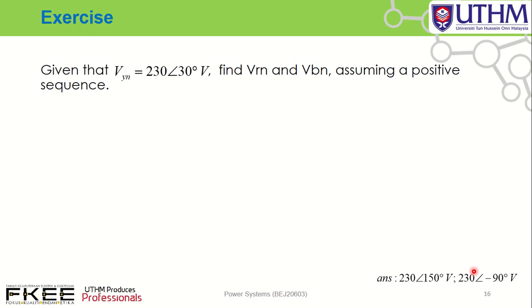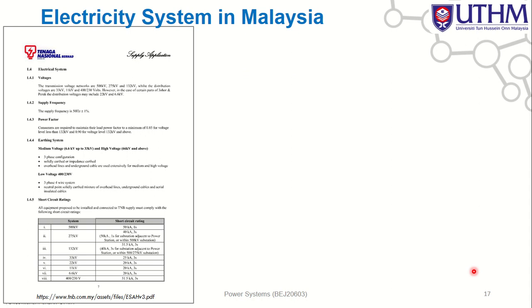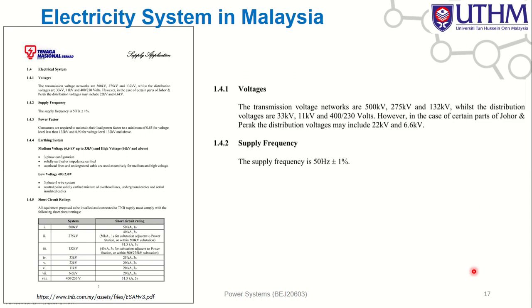Okay, so we continue to the basic electricity system in Malaysia. I think this one we already discussed in chapter 1. This is the basic electricity system in Malaysia. We have a voltage system, a voltage network. For example, in the transmission system, we have a voltage level of 500 kilovolt, using transmission towers.